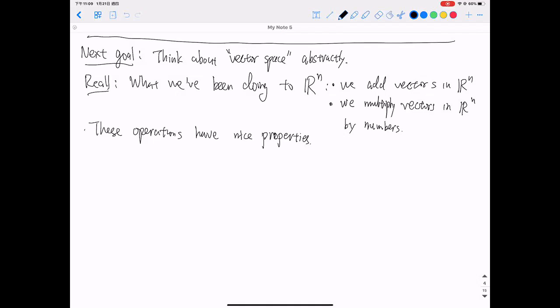Now we're going to take these and make things abstract. That is, we can consider the following definition.